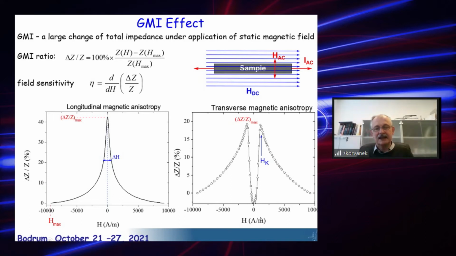And we see that at zero field the sensitivity will be low because we have peaks there. So it's good to shift these characteristics. Usually it is done by applying a bias DC field, so that the working point close to zero is shifted somewhere here. Then we have high sensitivity.